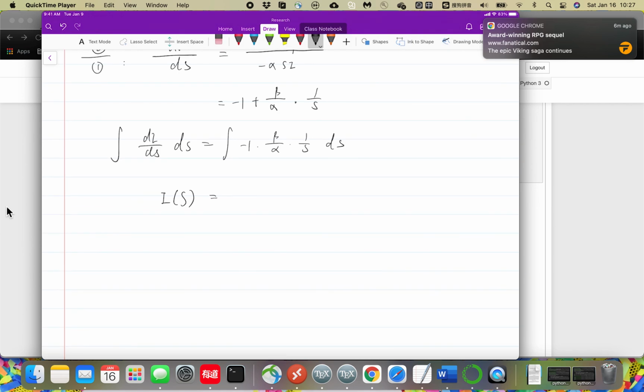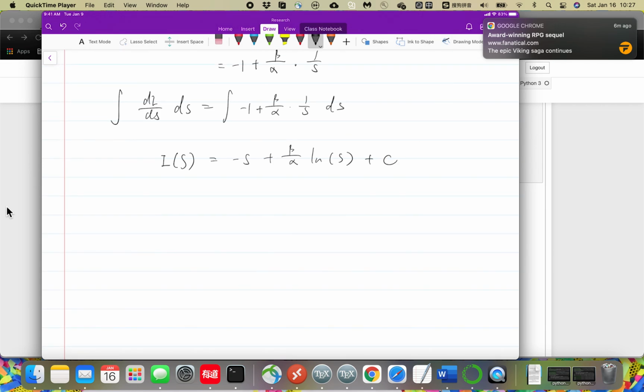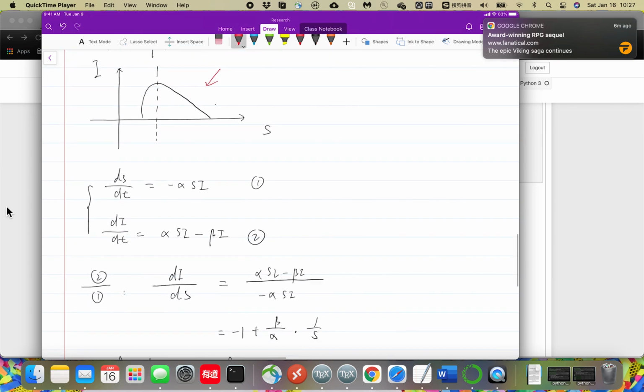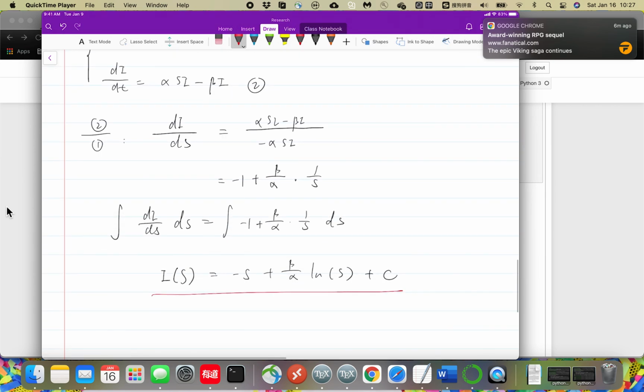This one gives you negative 1, so negative s, plus beta over alpha ln s. We should use absolute value, but we are assuming that s is positive, which is reasonable, plus a constant. Okay, that basically means the curve we have here, which is in the IS plane, which is I as a function of s, is going to have the shape like that, if we take s to be the variable.